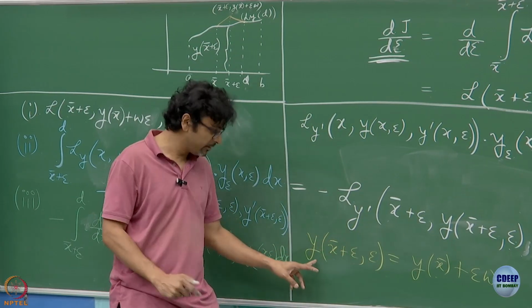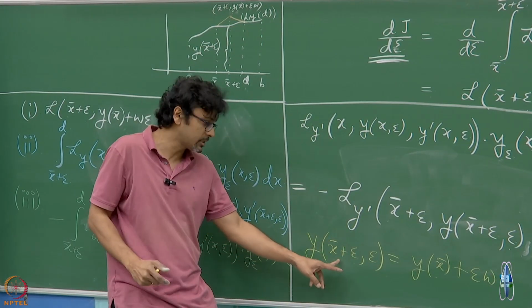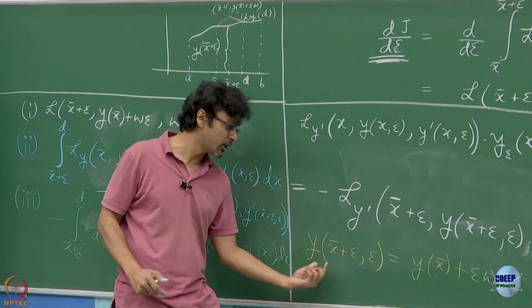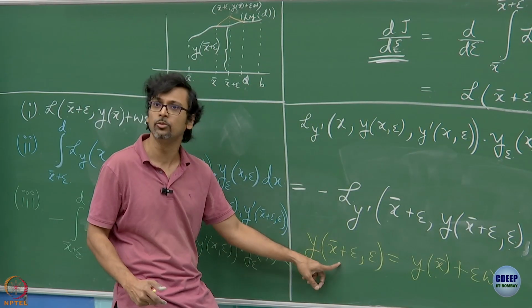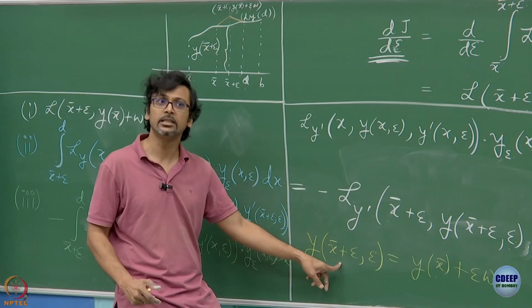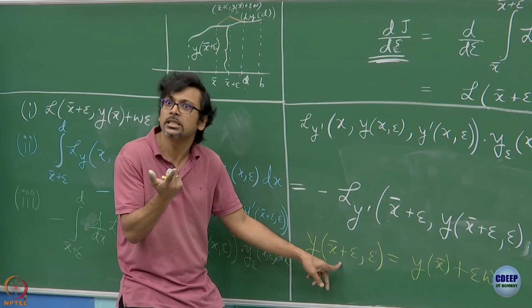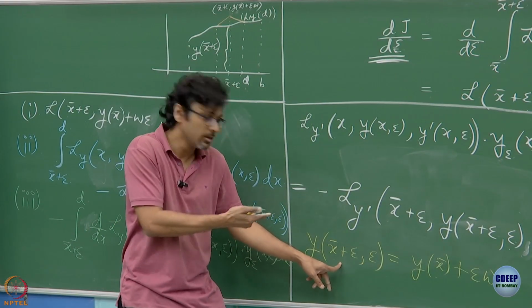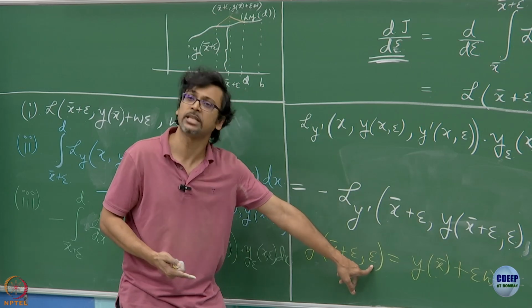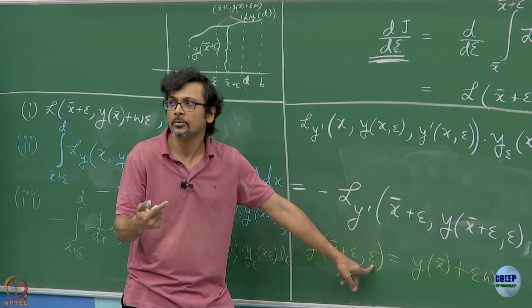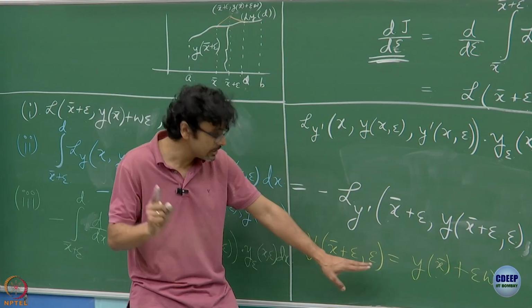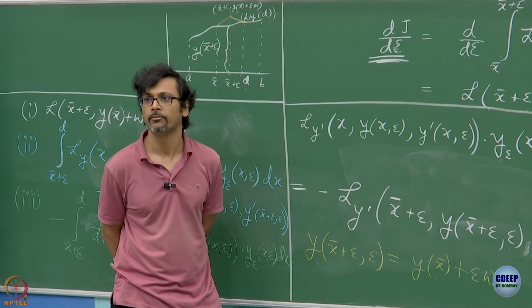So you have to first consider the dependency of the first argument on epsilon. You differentiate with respect to the first argument, which is tantamount to taking the derivative with respect to x and substituting back whatever is there. And when you take the derivative with respect to the second argument, that's just y subscript epsilon. Do you follow this? This is the most crucial observation here.